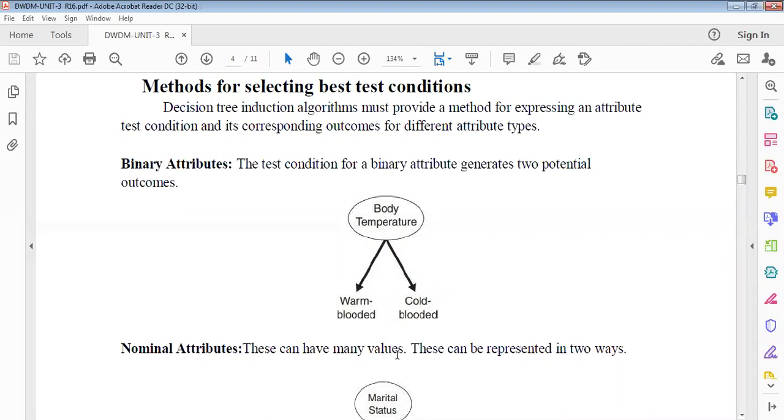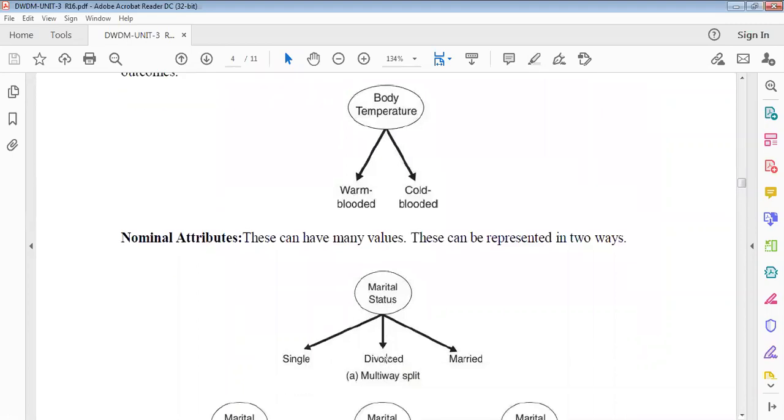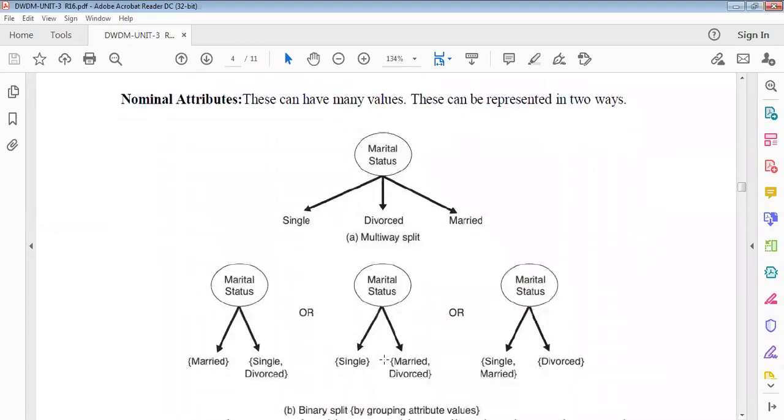Another type of attribute is used for best test conditions. Here there are many ways. They can be represented in two ways: multi-way split and binary split. For the multi-way split, for example, take the marital status of a person. Most people are single, divorced, or married.